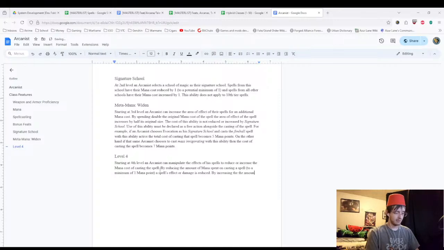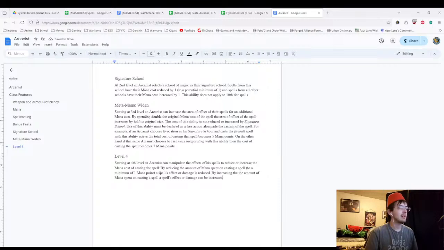By increasing the amount of mana spent on casting a spell, the spell's effect or damage can be increased, right?